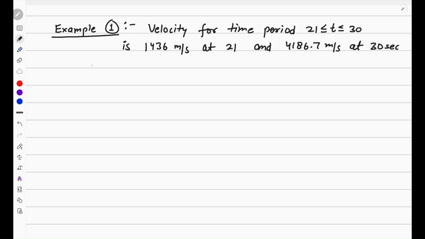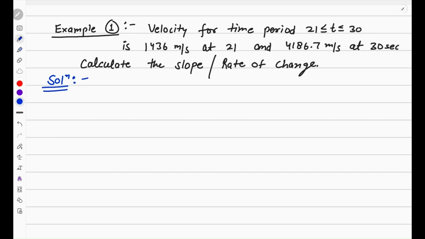We have to calculate the slope, or we can say the rate of change. The slope is basically defined as the rate of change. So how will we do that?